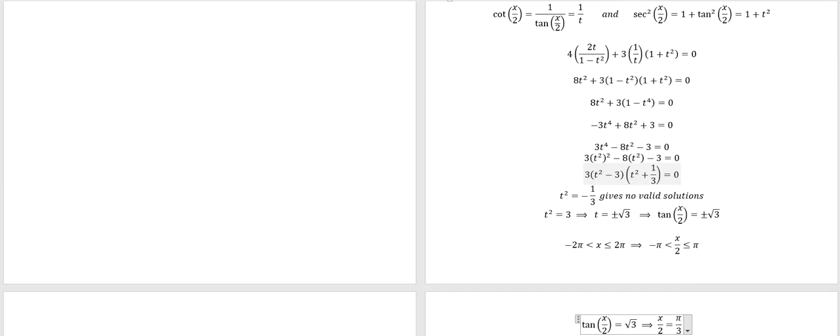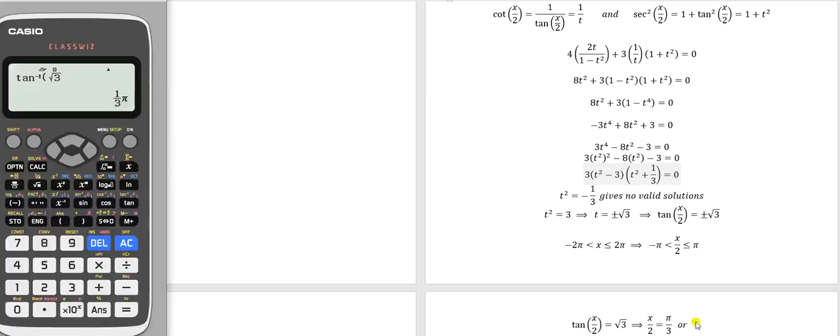I know I should be in radians because it was talking about pi in the beginning of the question. So that's a given. Now that's only the first solution. We can also find additional solutions simply by adding or subtracting multiples of pi. Now if we add pi, we get 4/3 pi. And that's beyond the range that we want for x over 2. So instead, we try subtracting pi.